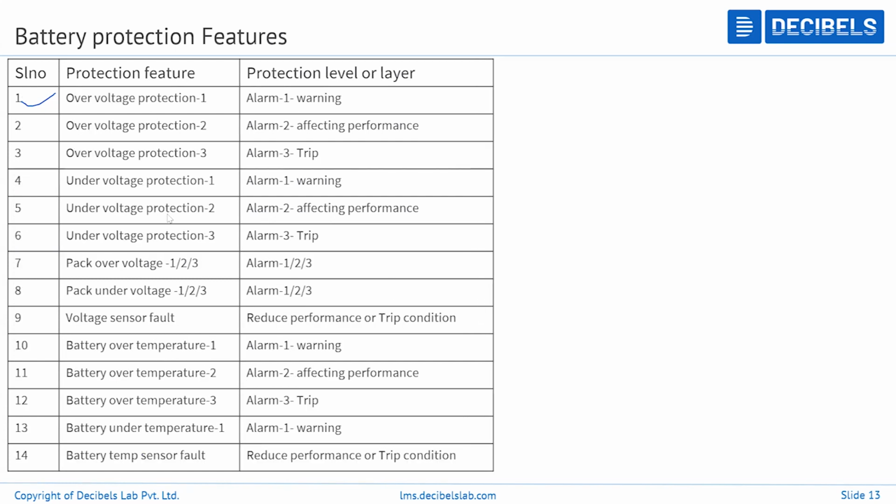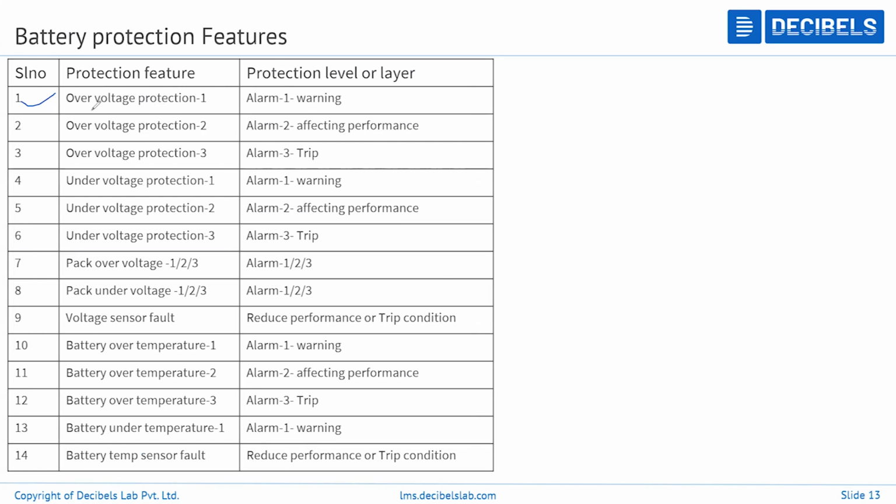So I'll try to explain what level 1, level 2, level 3 are. It is the same for all the other protections also.